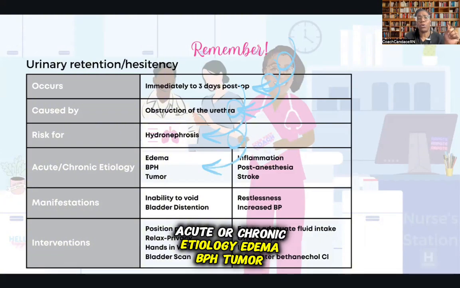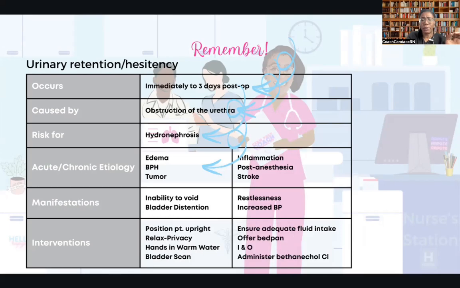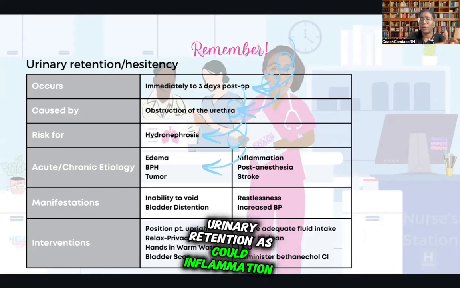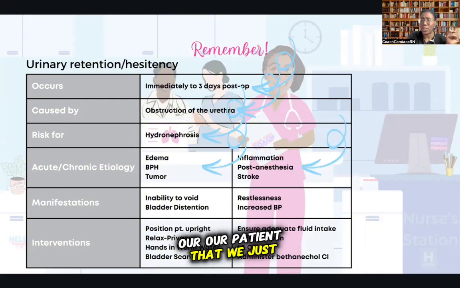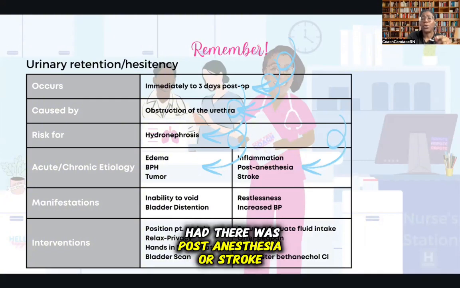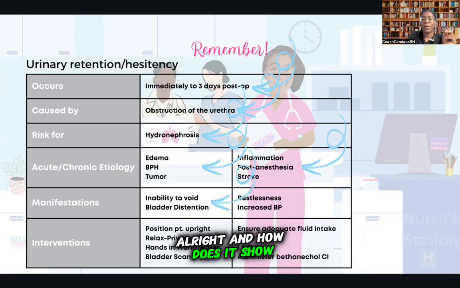All right, acute or chronic etiology, edema, BPH, sorry, tumor. All right, so those could be causes for urinary retention, as could inflammation, post anesthesia status, right? Our patient that we just had there was post anesthesia, or stroke. All right. And how does it show up in the clinical setting? All right. What are the manifestations?